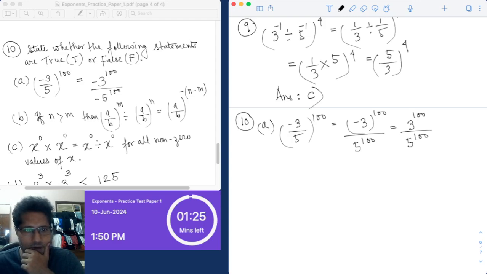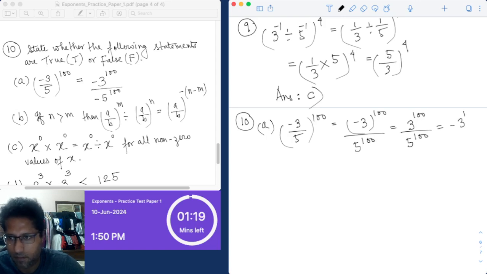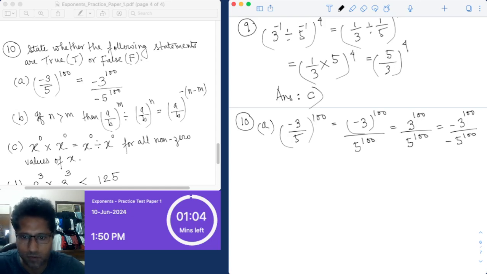The negative will cancel out: the numerator is negative of 3 to the power 100 and the denominator is negative of 5 to the power 100, so the negatives cancel out. So this is a true statement.